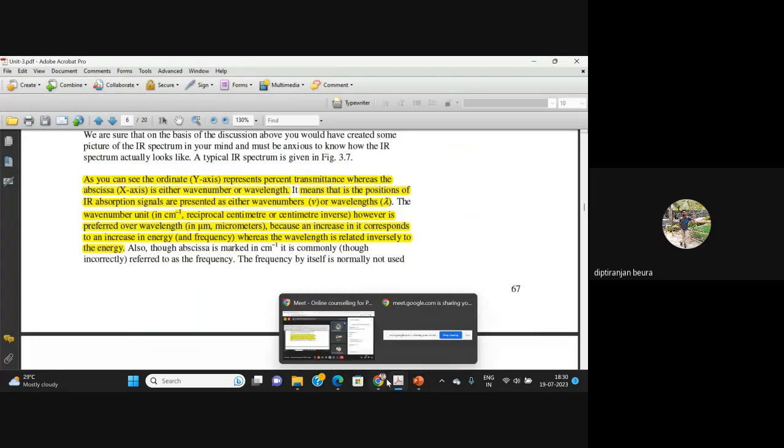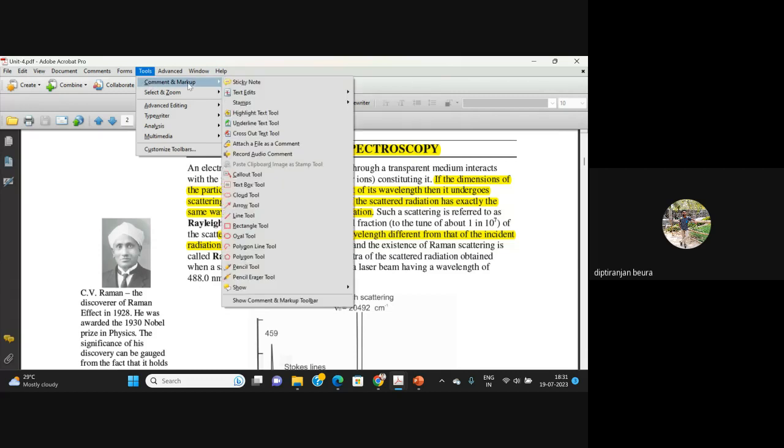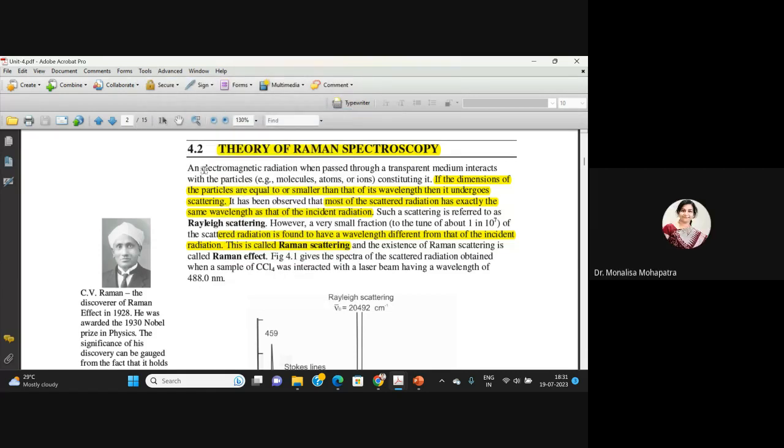So now we'll move to another part, that is Raman spectroscopy. We'll finish it today also. It says that an electromagnetic radiation, when passed through a transparent medium, interacts with the particle.